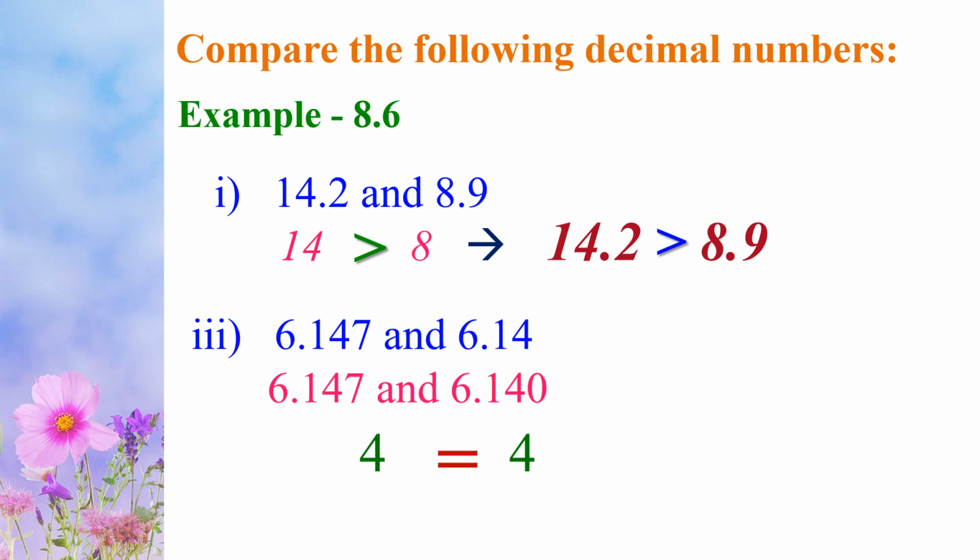So the hundredths place is also the same. Let us compare the digit at the thousandths place, 7 and 0. Here 7 is greater than 0. So we get 6.147 is greater than 6.14.